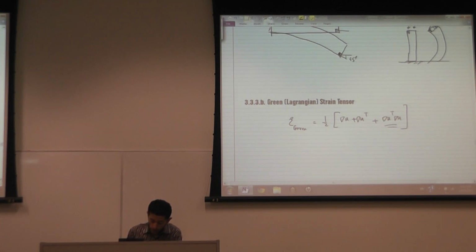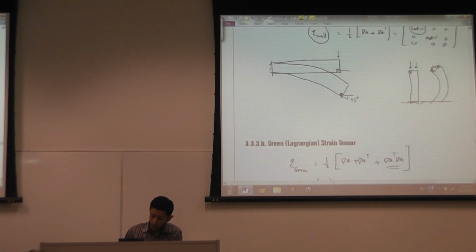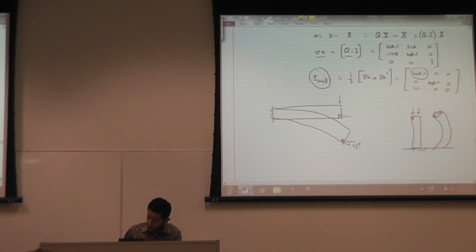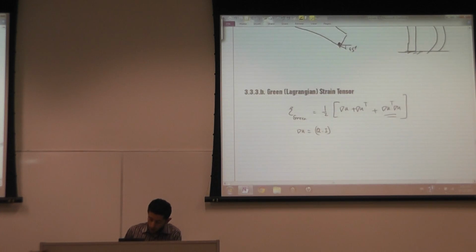For example, if the gradient of u is equal to Q minus I, just a rotation matrix, similar to the problem that we talked about earlier, you'll find that epsilon green will be equal to half (Q minus I plus Q transpose minus I plus Q transpose minus I times Q minus I).